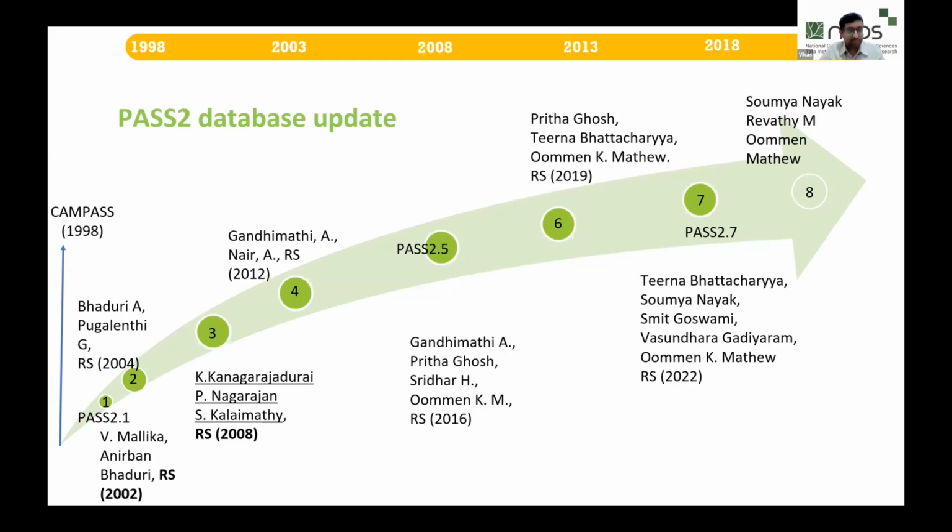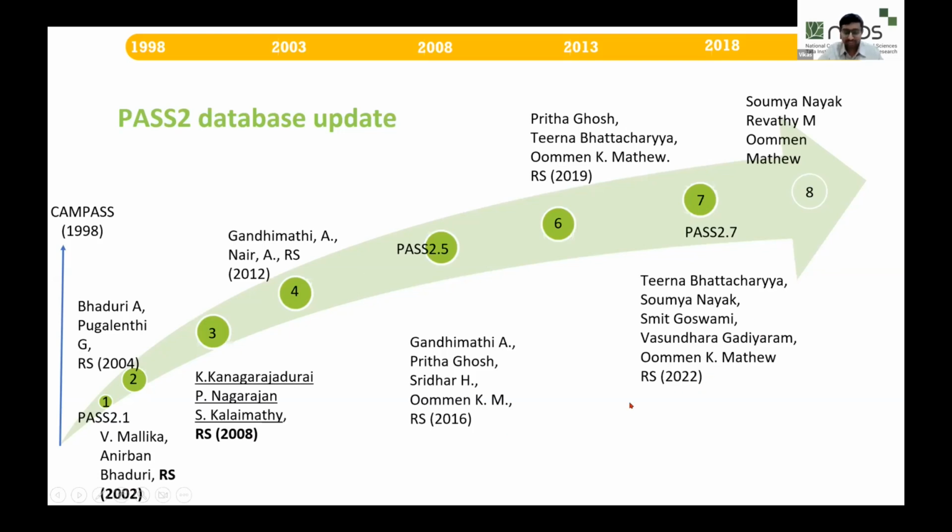Then it metamorphosed into PAS2 and grew up as we kept updating it till today, with several versions from different years, 2002, 2004, 2008, 2012, and so on, until the latest version, which is 2022.